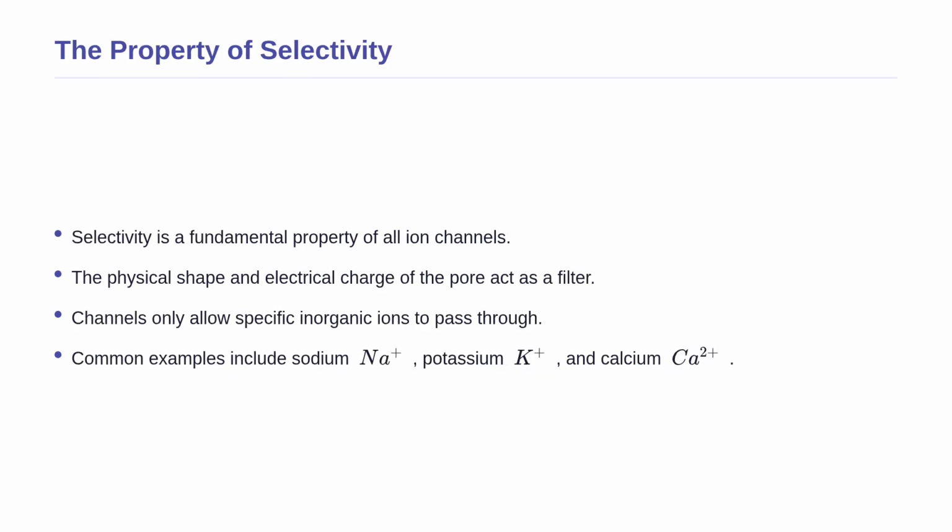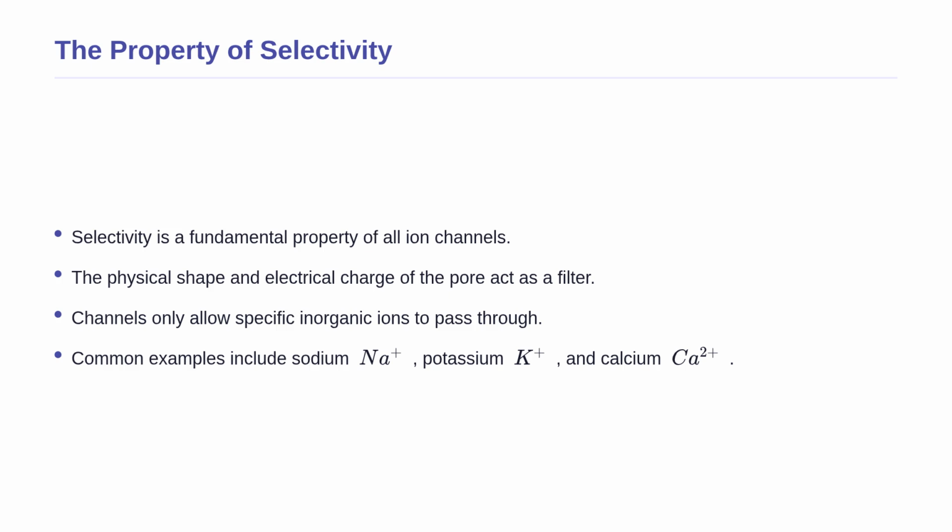Understanding the structure of these pores brings us to their first major property, which is selectivity. Why does this matter? Because if ions could just flow randomly, the cell would have no control over its electrical state. Selectivity means that the physical shape and the electrical charge of the pore act as a highly specific filter.